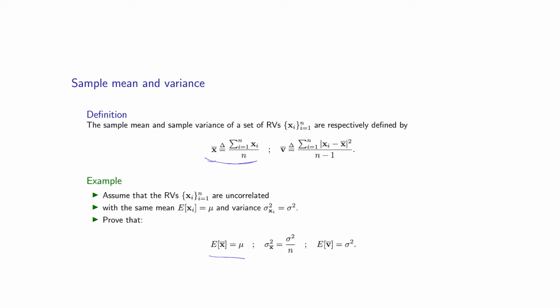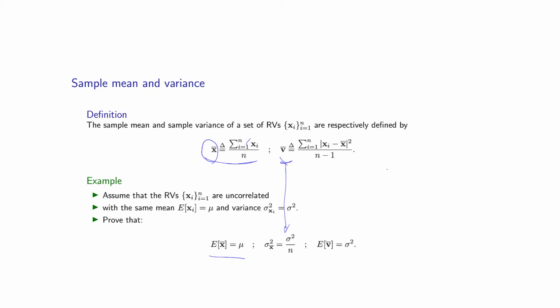This is easy because the mean is the sum of the means, all of them equal to mu, so n times mu divided by n equals mu. The mean of the sample variance is a bit tricky. But if you had put n instead of n minus 1, you would not have got this result.